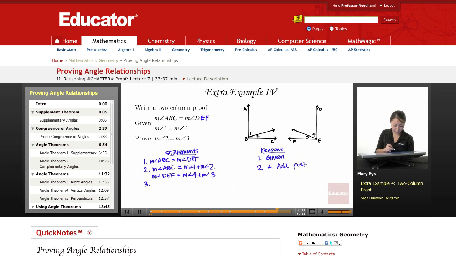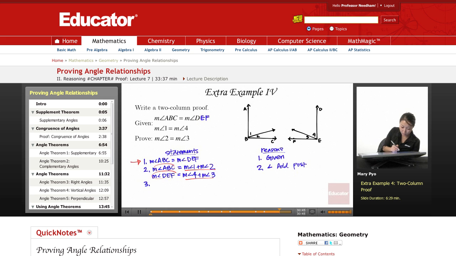Now from here, since I know that measure of angle 1 is equal to measure of angle 4, and I want to prove that these two are equal to each other, I can just make this whole thing equal to this whole thing. So I'm going to use step 1, and I'm going to replace all of this with its parts. That's step 1: measure of angle ABC is equal to measure of angle DEF.